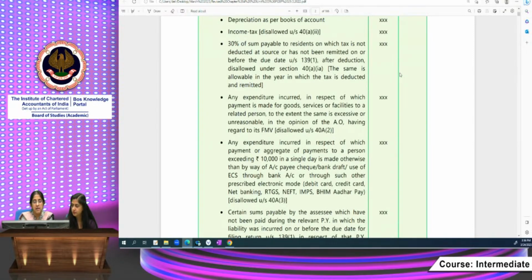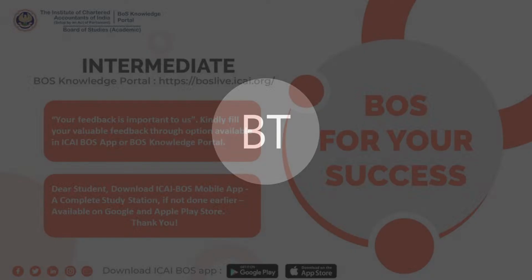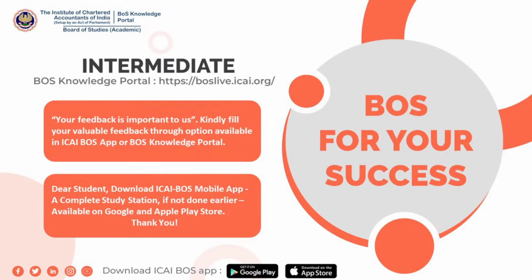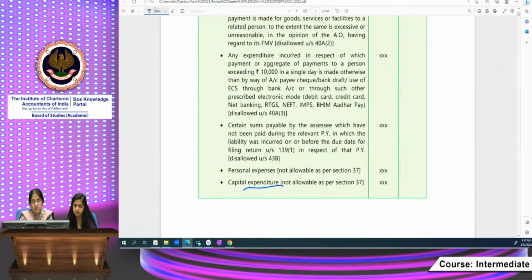Then cash payments otherwise done by electronic modes or account payee cheque exceeding 10,000 to a person, that one. Debited to P&L account, of course, that is not allowable.